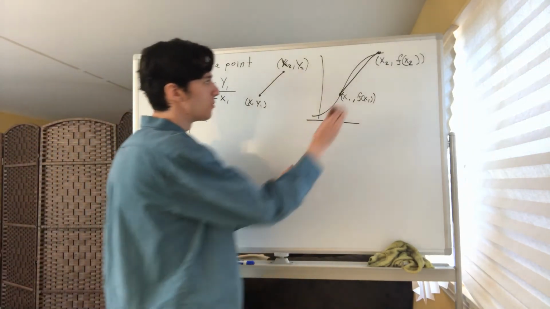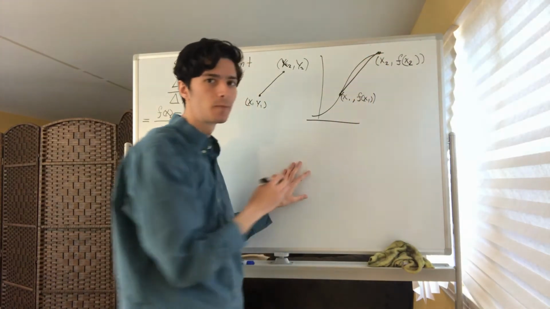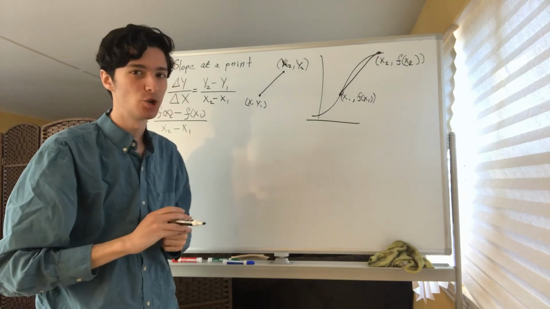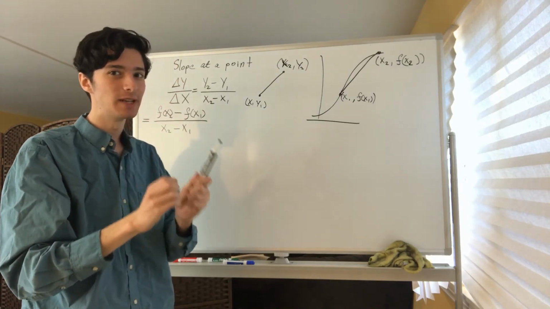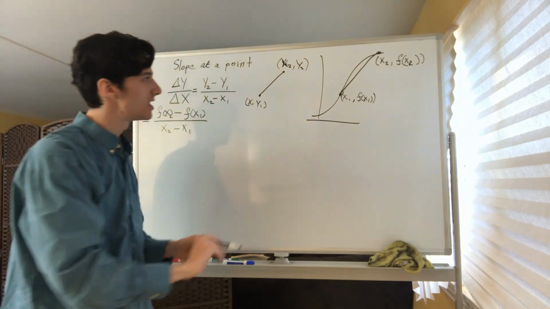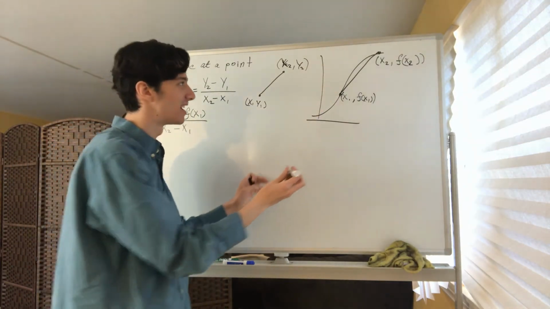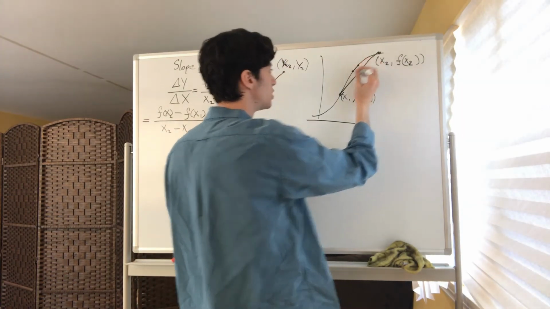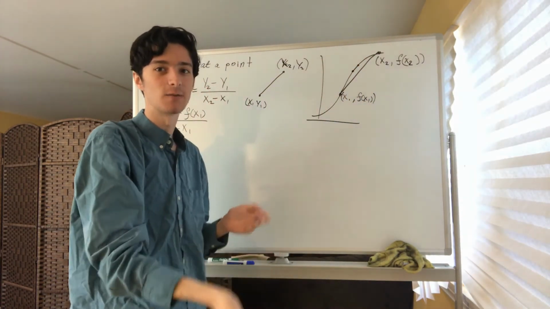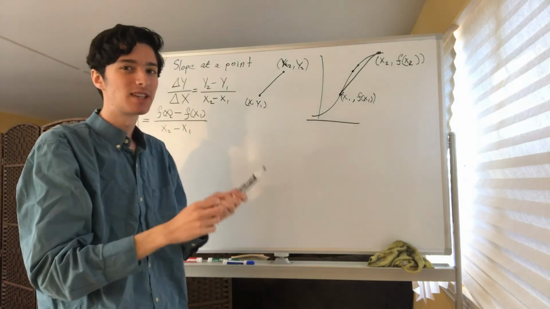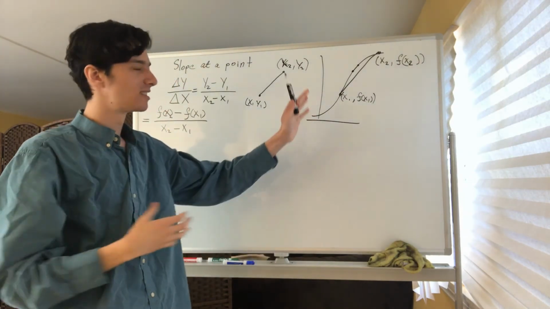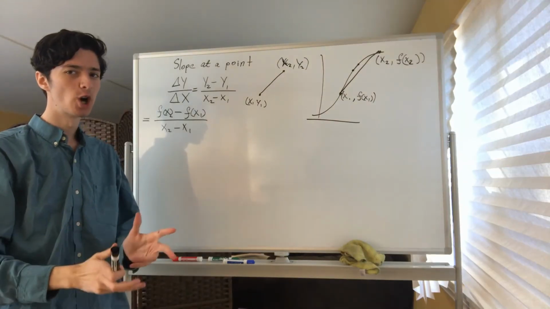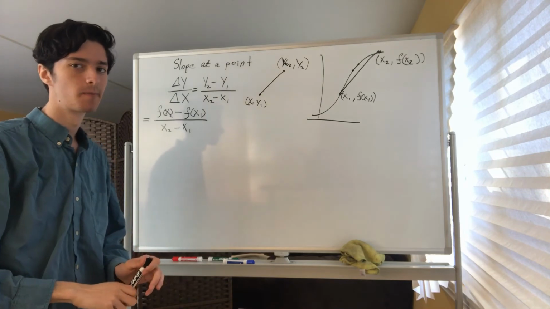So how can we get the slope at just 1 point? Well, we can do that by having the 2 points be really, really close together. If instead I did this secant line with a point right here and a point right here, the slope basically looks the same as the function. And if we made them as close as possible, it would essentially be exactly the same thing. Now we can show what that means mathematically.